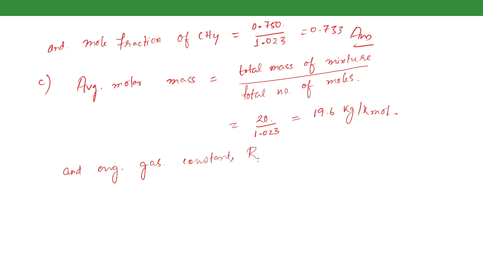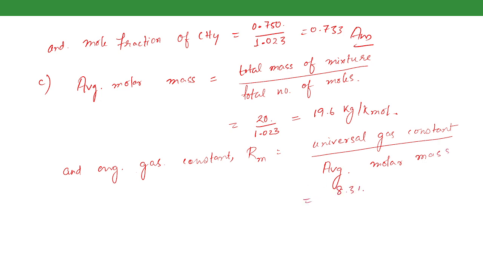of the mixture will be equal to the universal gas constant divided by the average molar mass that we have found out. So this is 8.314 by 19.6. So this is 0.424 kilojoule per kg Kelvin.